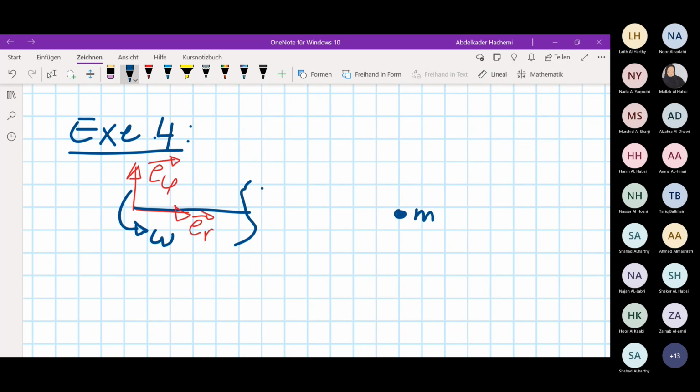Before we get the acting forces, we have the kinematic relations. We have the relative acceleration, which is given.